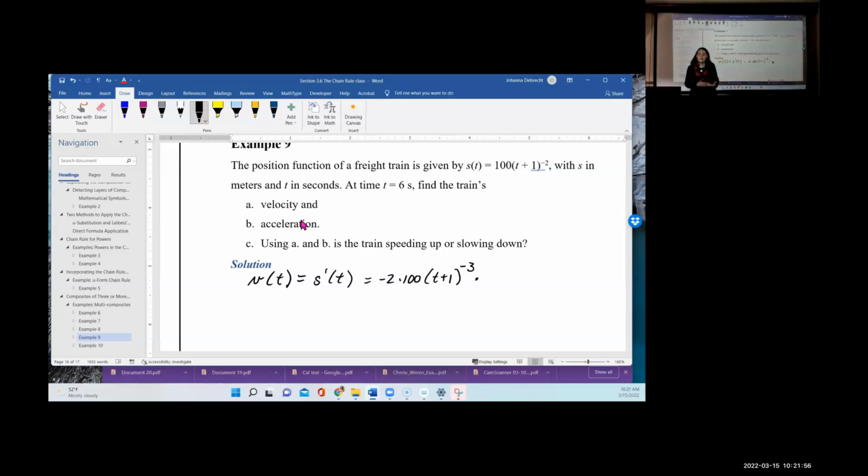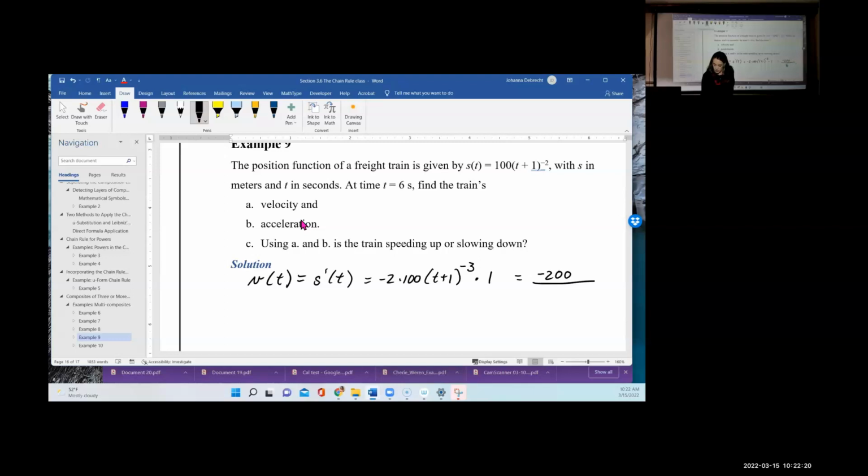So this is method 2, where we're doing it all in one step, sort of in our head. Derivative of the outside function, pull the negative 2 to the front, freeze the inside, reduce the power by 1, multiply by the derivative of t plus 1, which is 1. All right. Cleaning this up a little bit, this would give me negative 200.